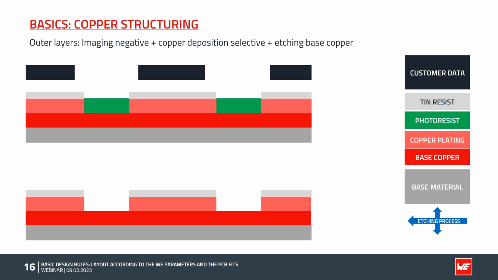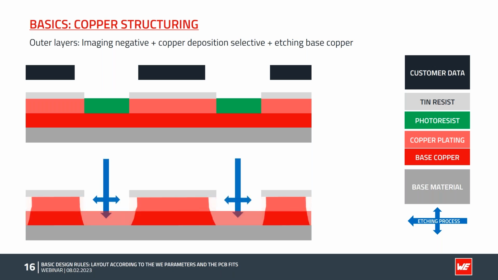So we have a protection of the plated copper by the tin resist, and we have exposed base copper. So the etching process attacks right here. And again, it's not just a vertical attack, it's an isotropic attack again. That's why the copper is removed also a little bit to the left and right side in this cross-sectional view.